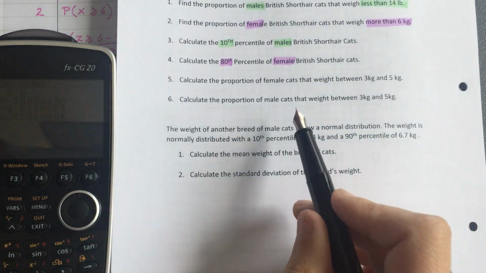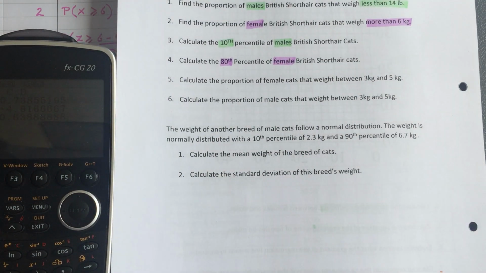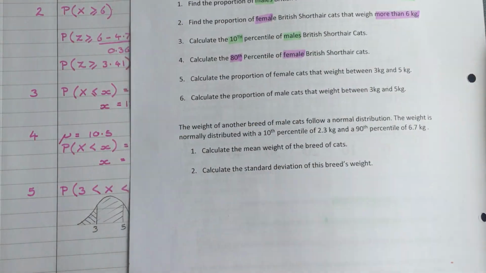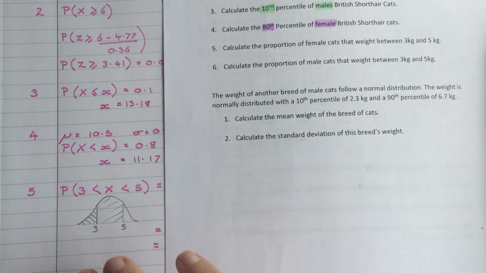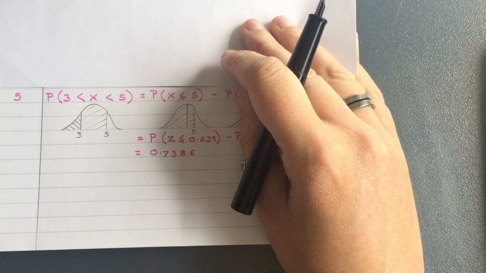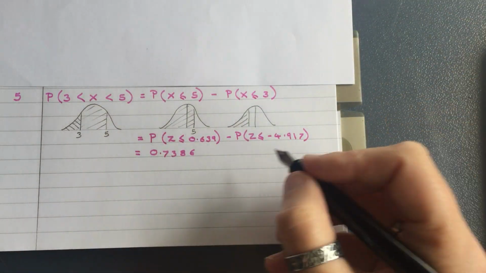Next, we're looking at the proportion of male cats that weigh between 3 and 5 kilograms. So for part 6, we are looking at a different mean and standard deviation.